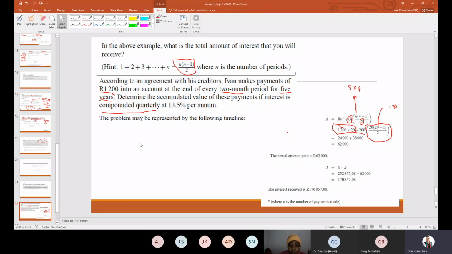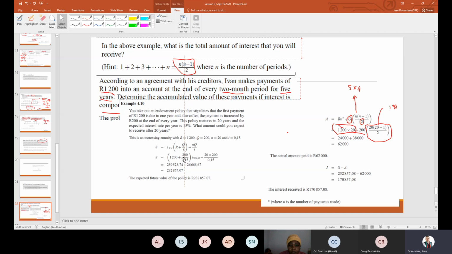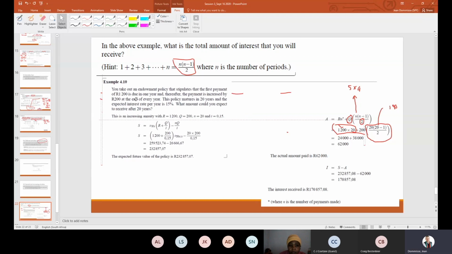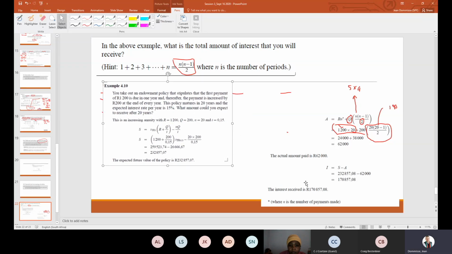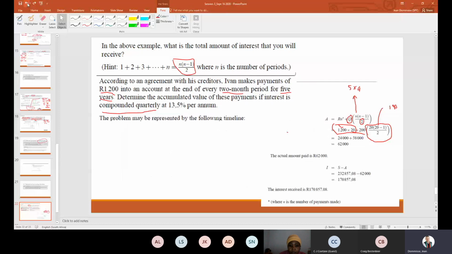And that is where the difference came in. Oh, wait, let's just add a new slide.